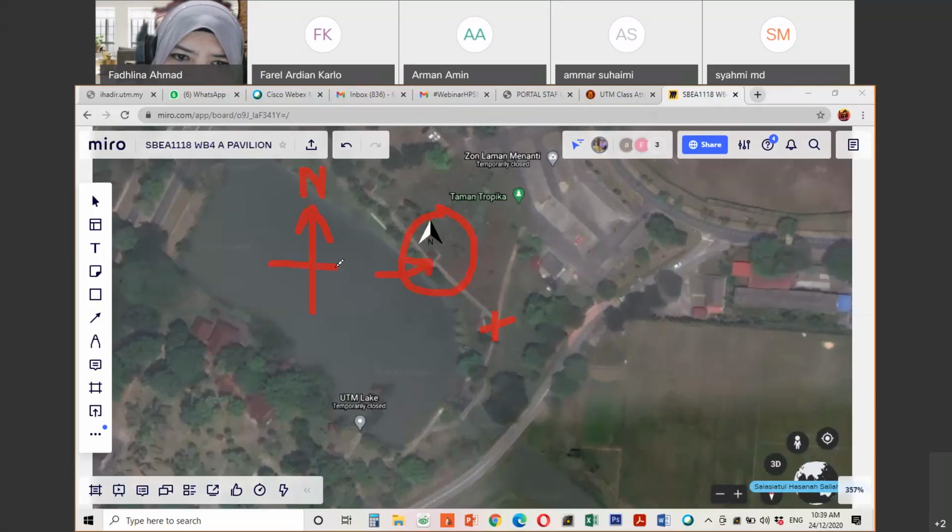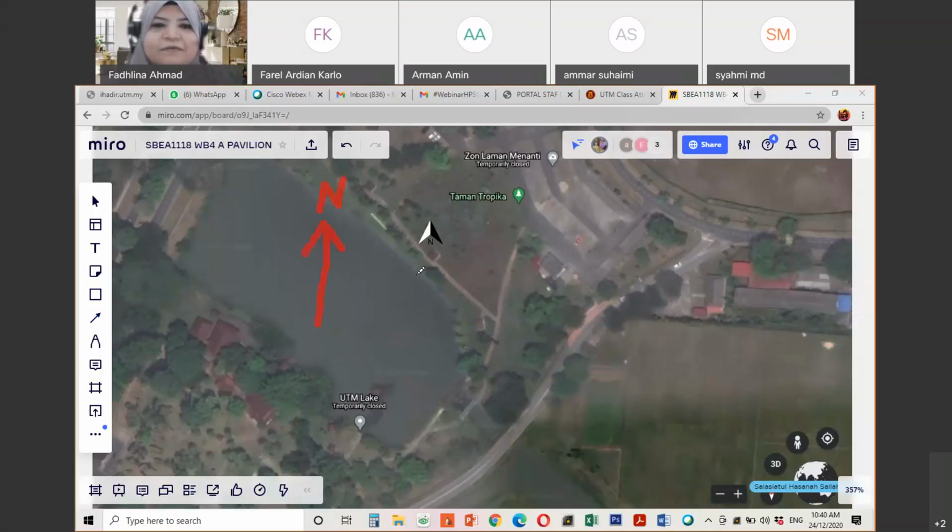So where is your sun orientation? How do you determine the sun orientation? Who can answer? If you have any opinion. Maybe the sun goes from east to west, right?